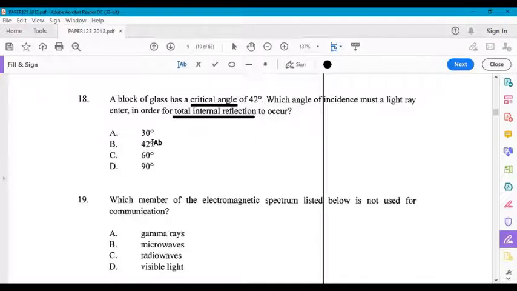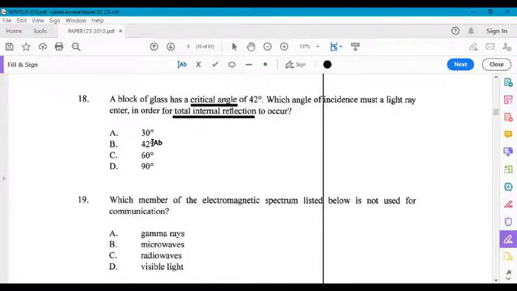60 degrees, that's greater than 42 degrees, but so is 90. So are there two correct answers? No. Let's think about what happens at 90 degrees. If we have an angle of incidence of 90 degrees, that's actually a different phenomenon.